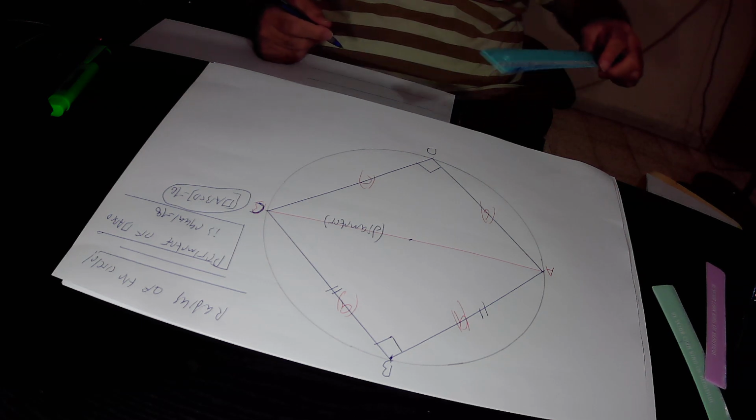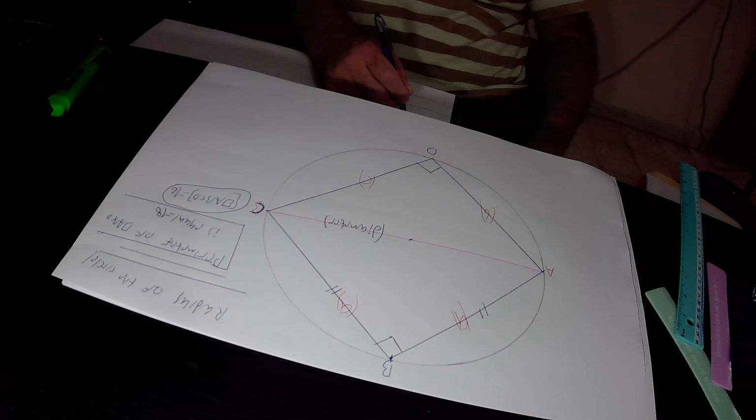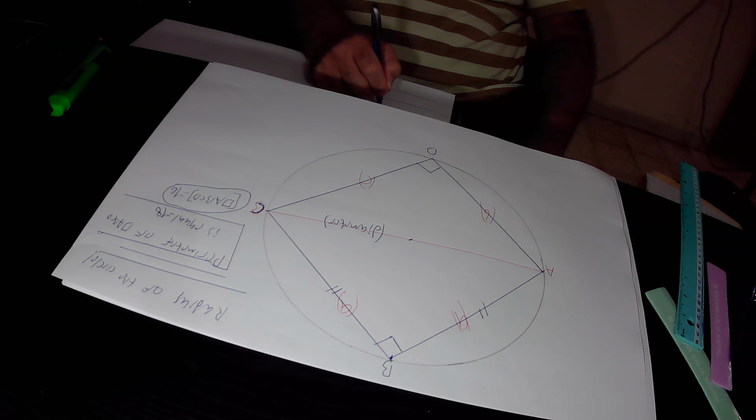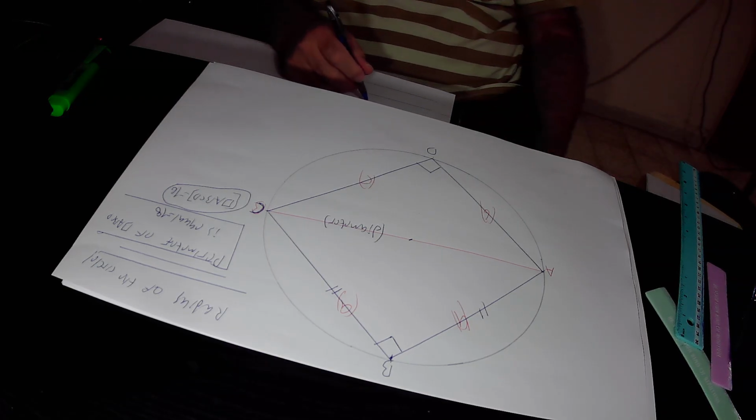According to the Pythagoras theorem, on this right triangle ADC, AC squared, that is the square of the hypotenuse, is equal to AD squared plus DC squared.